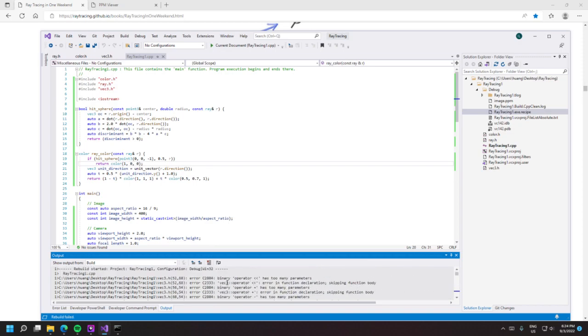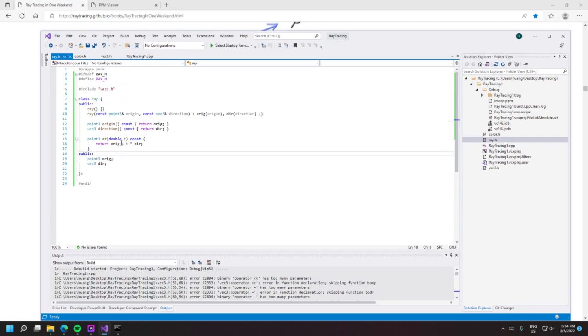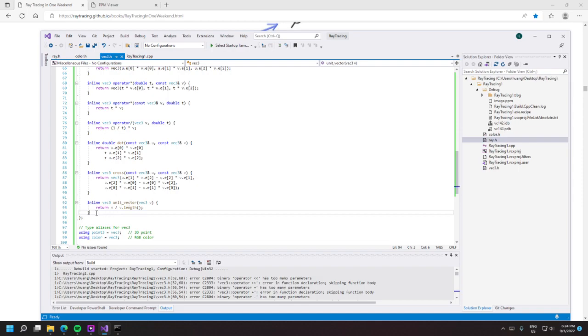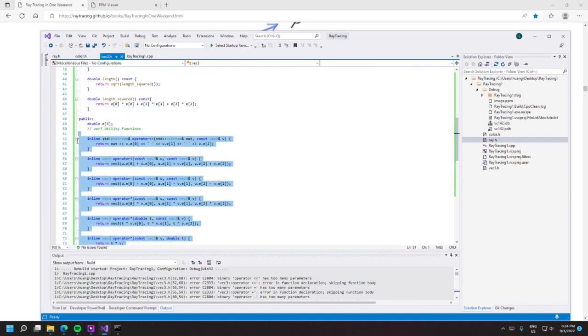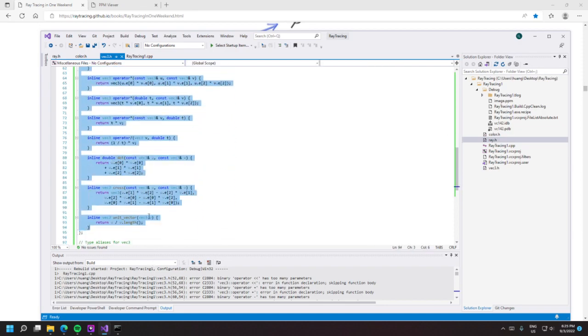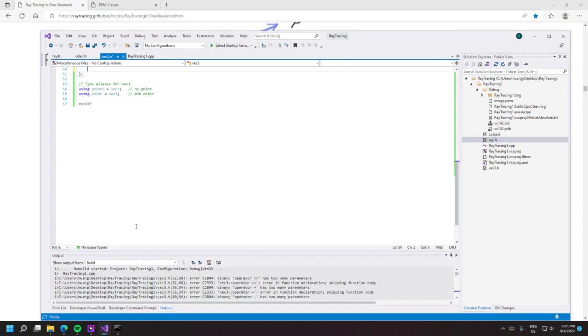Okay, that's really not good here. Vec3.h. We did something wrong with that, I think. No, vec3.h. The utility function. Yeah, I was really rusty with this part, so I actually wasn't sure what we were doing here.